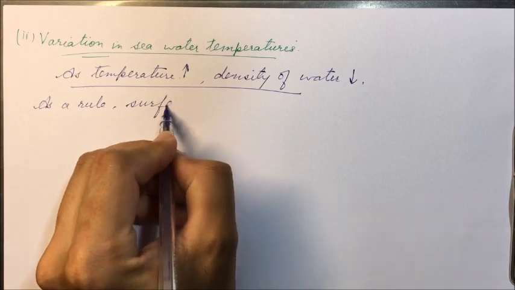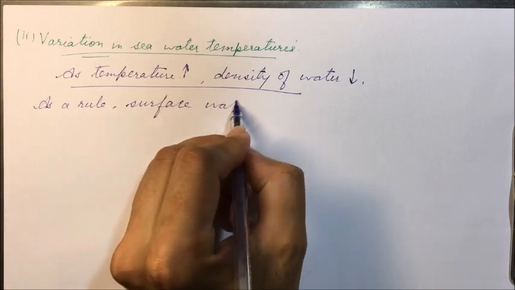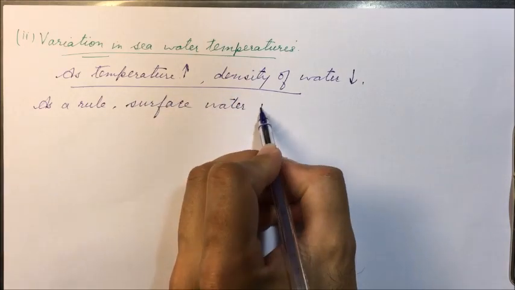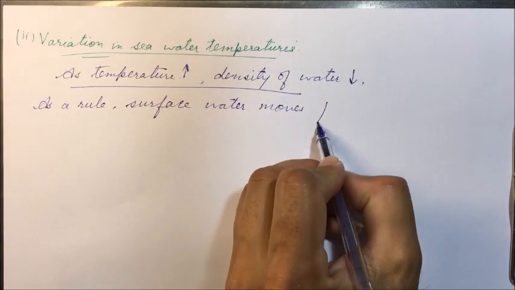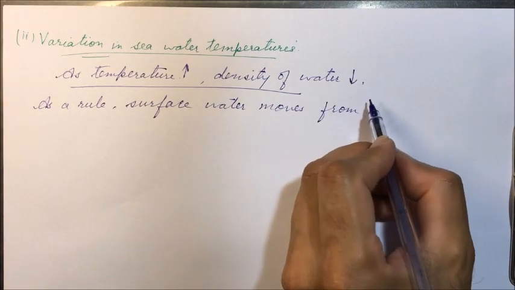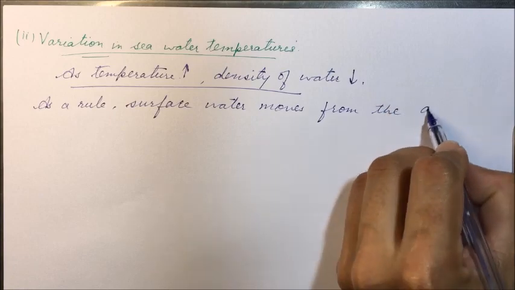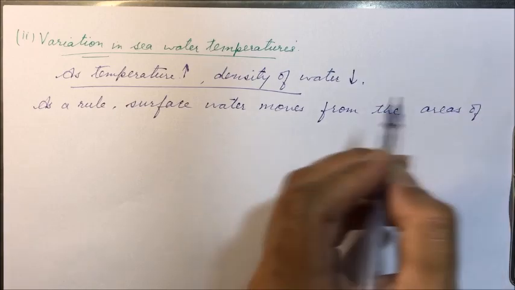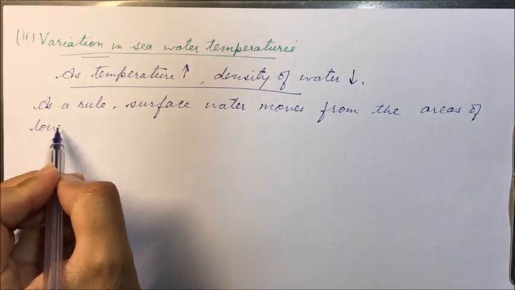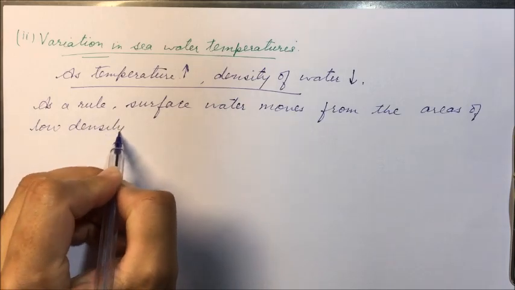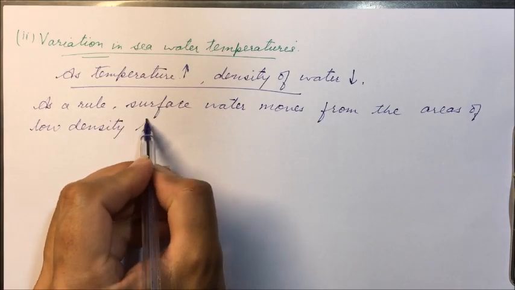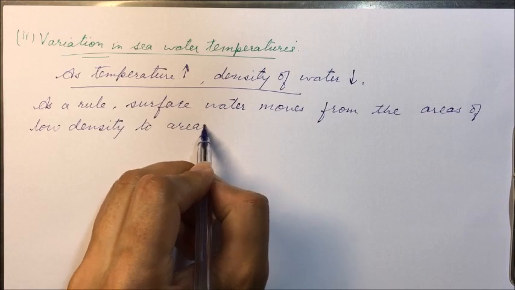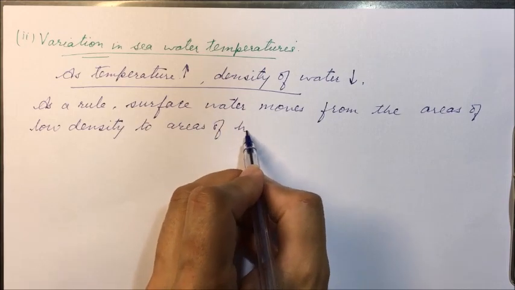surface water moves from the areas of low density to areas of high density.